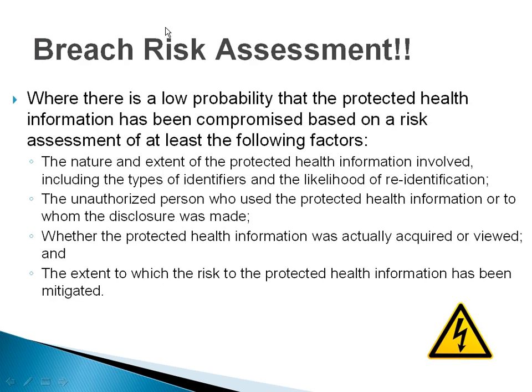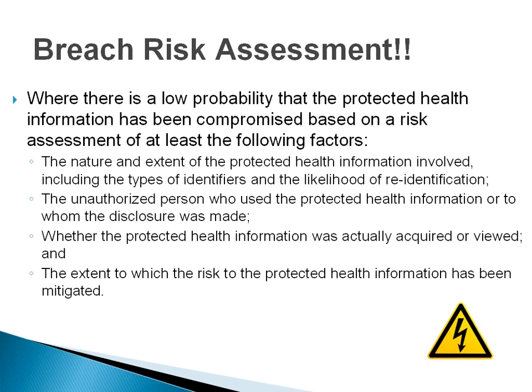Here are risk assessments that are now in place to determine breach. Where there is a low probability that the protected health information has been compromised, based on a risk assessment of at least the following factors, we can determine that there was no breach. And these are the factors that we would have to determine.